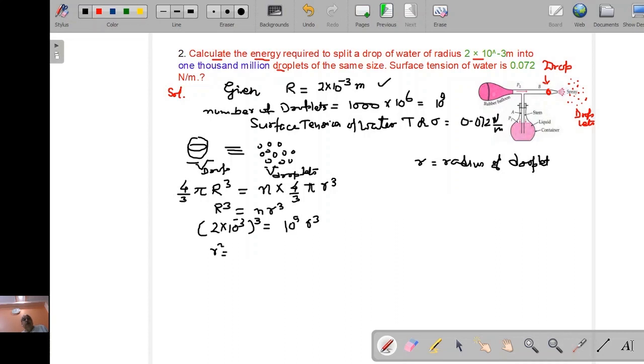So r cube is equal to 8 into 10 to the power minus 9 upon 10 to the power 9. It means it is 8 into 10 to the power minus 18.